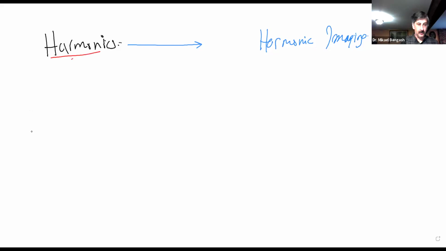Now, guys, what we know is that, for instance, if we had a transducer, this transducer had a frequency. To begin with, we refer to this as the frequency.